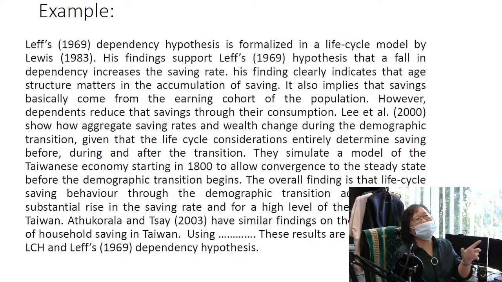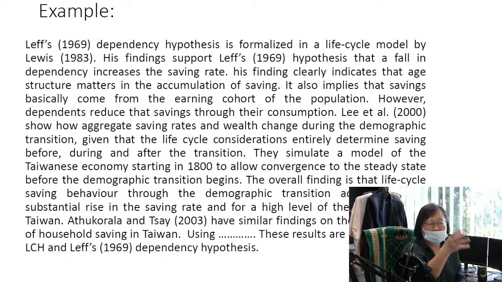I'm talking about the life cycle model from 1969, and how the theory evolved in 1983, in 2000, and so on. So this is the way you can organize your literature review. This is one example using chronology.